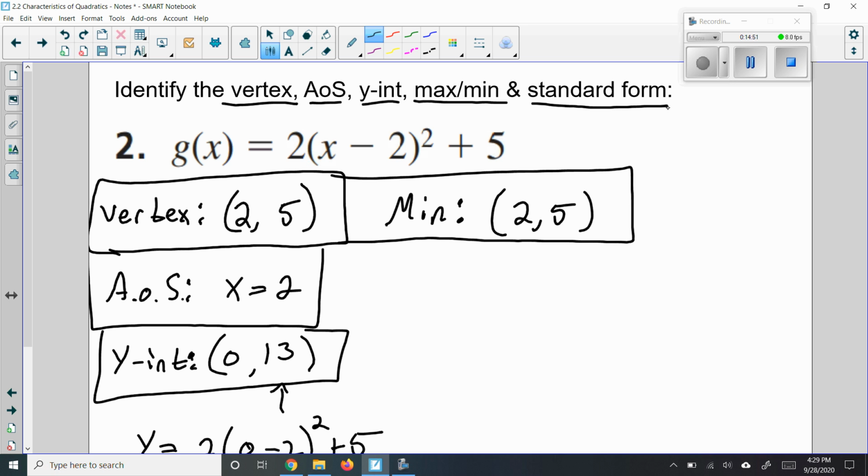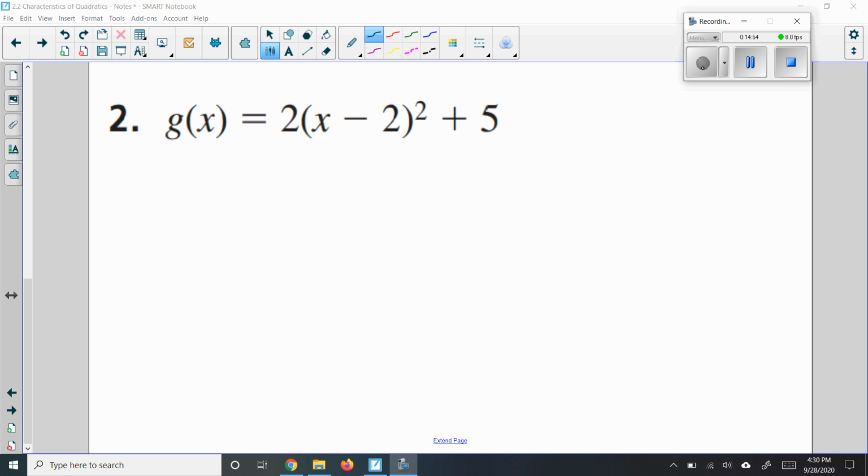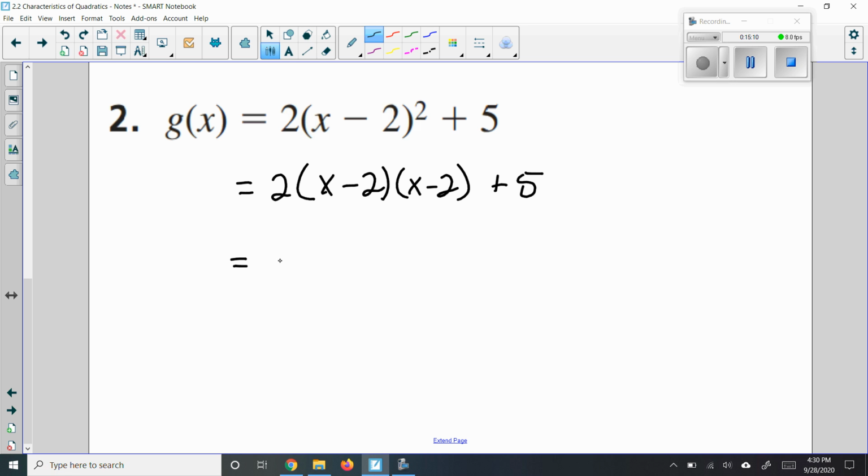Now the fun bit. Let's put it in standard form. Well, this square just means we're multiplying this binomial by itself. So x minus 2 times x minus 2, and we still have this plus 5 on the outside. Okay, well, let's multiply these out.